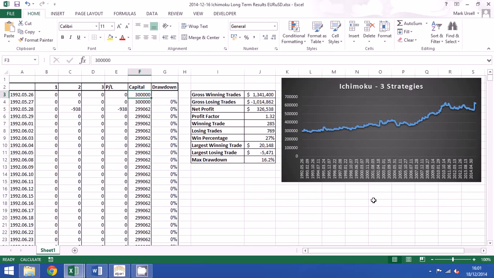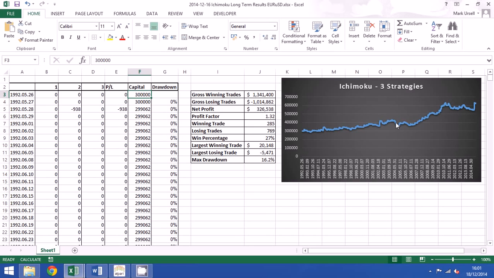I just want to have a quick look at the capital balance here. We can see that it is actually very surprisingly constant all the way from 1992 to 2003. So it is showing not extreme profits or extreme losses, but a nice steady gain during that time period.